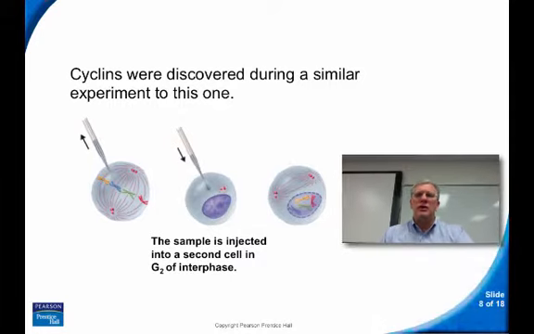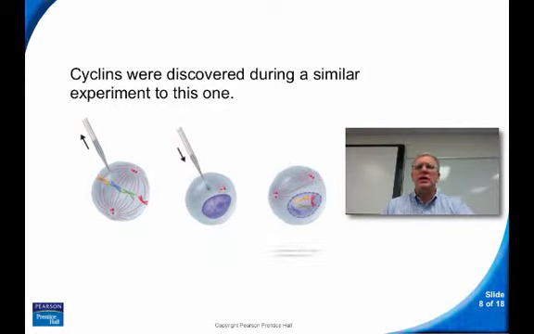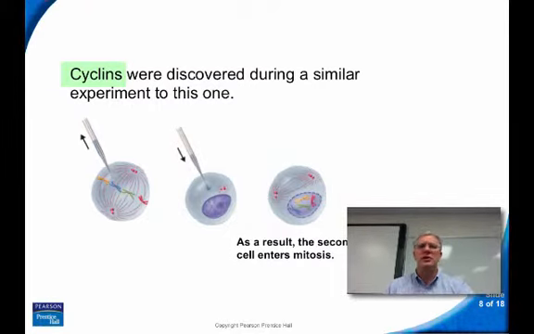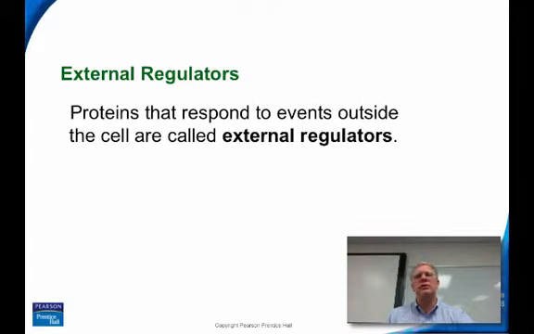And lo and behold, that new cell then immediately entered mitosis as a result of receiving whatever was in the cytoplasm of that first cell. So they called these chemicals cyclins because it had an effect on the cell cycle. So these are examples of internal regulators.